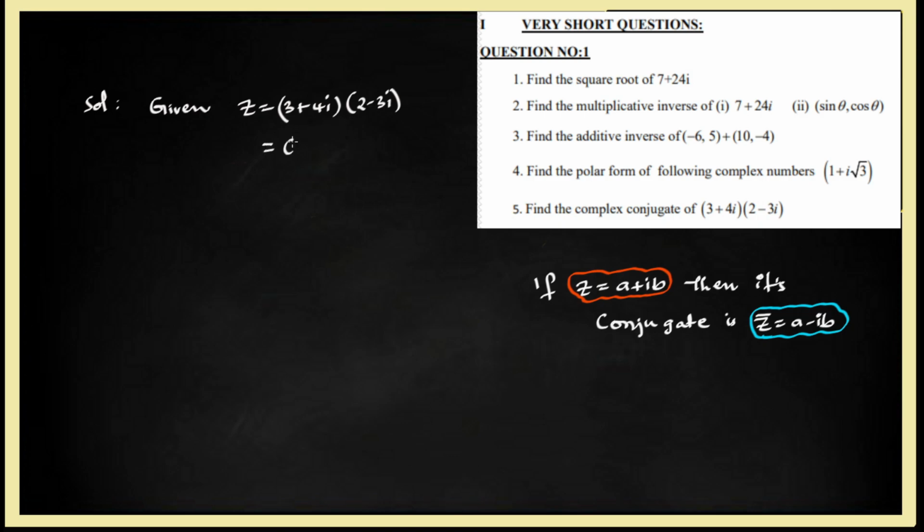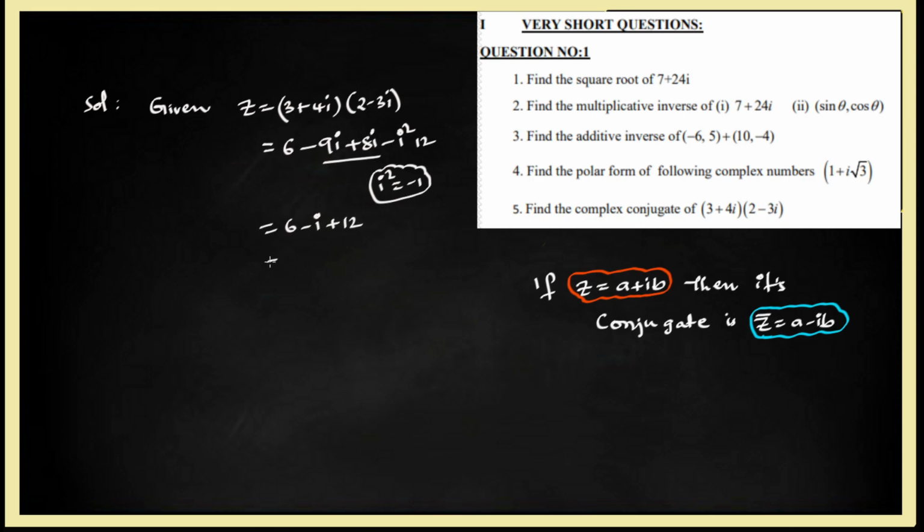3 times 2 is 6, 3 times minus 3i is minus 9i, 4i times 2 is plus 8i, and plus into minus gives minus, i into i gives i square, 4 times 3 is 12. The value of i square is minus 1, and since a minus is already there, this becomes plus 12.